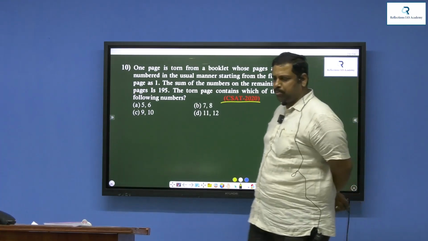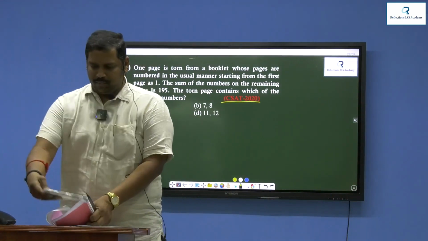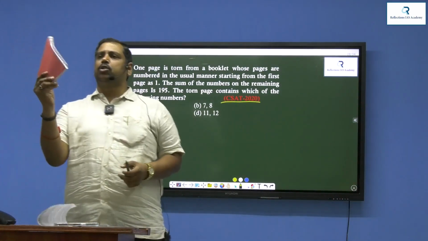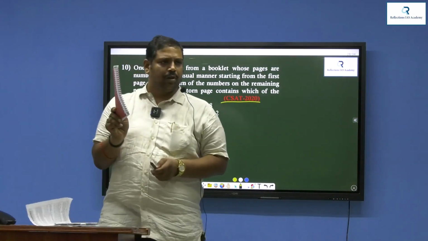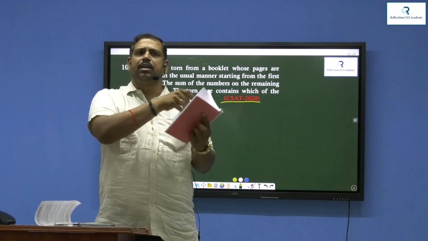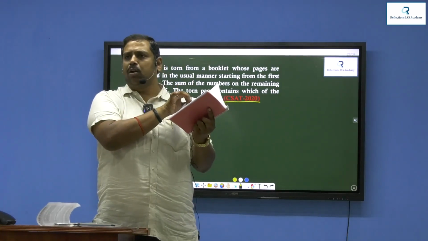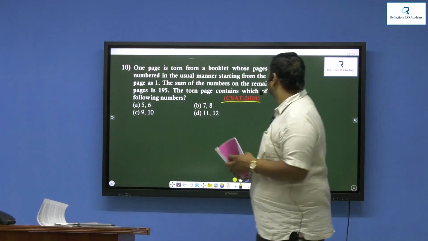Suppose this is the book I have. It has some number of pages, I don't know. What he said is, in this one page was torn. Automatically numbers will also be missed, right?